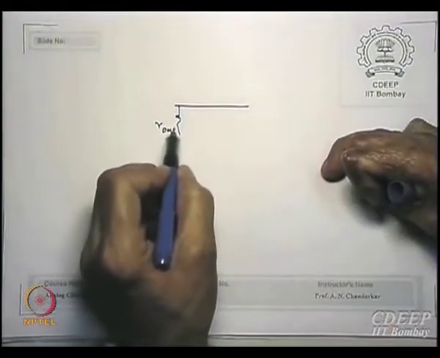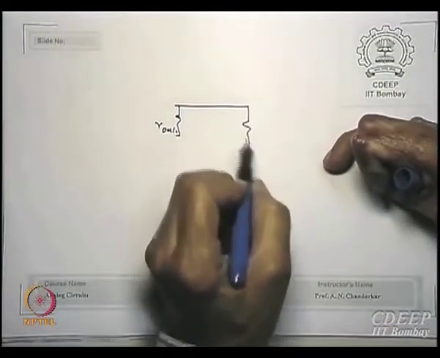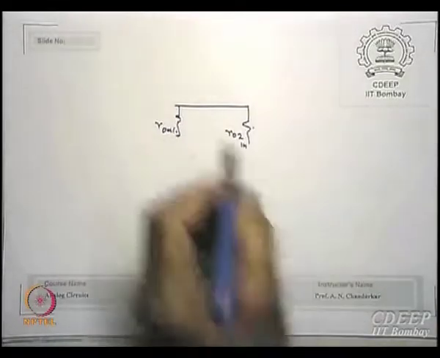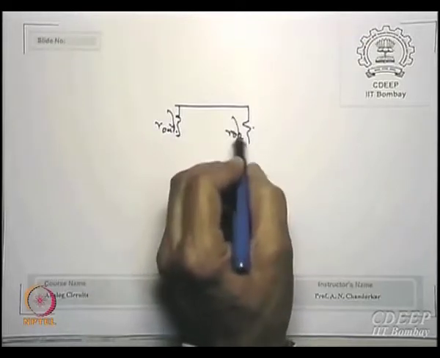So ये कहाँ जरूरी पड़ सकता है? Where do you need your input resistance be higher? Generally amplifiers have smaller R0s, is that correct? Now if I have a smaller R0 and I am feeding it to a next stage which also has equivalent resistance there, what does that mean in terms of maths? If I am having a circuit whose R out of 1 is lower and I have a next stage whose R in 2, if these are comparable, part of the current is going here, part will go here.